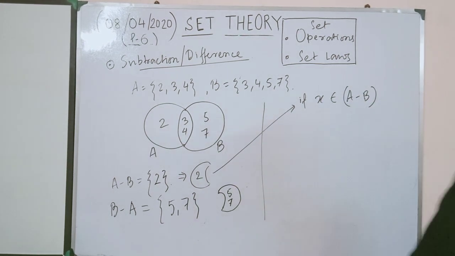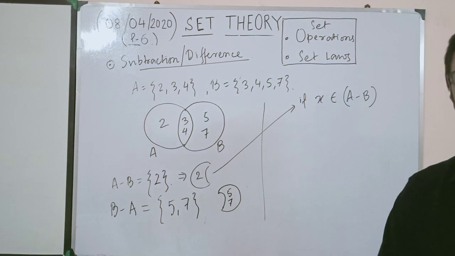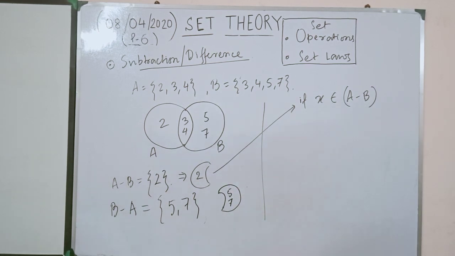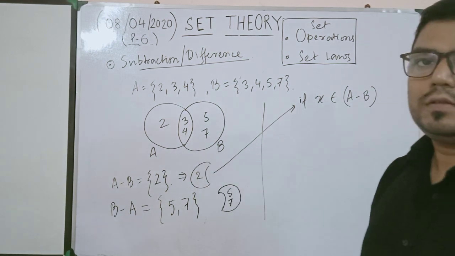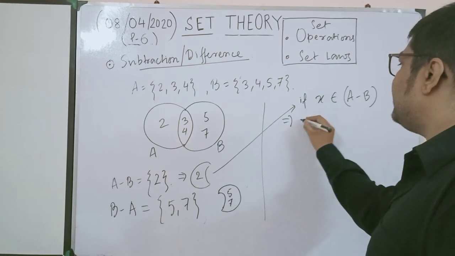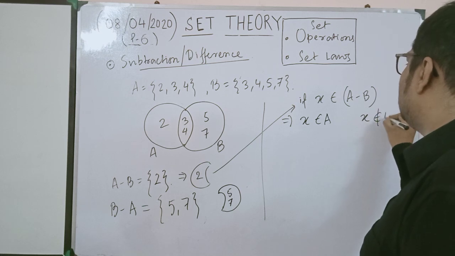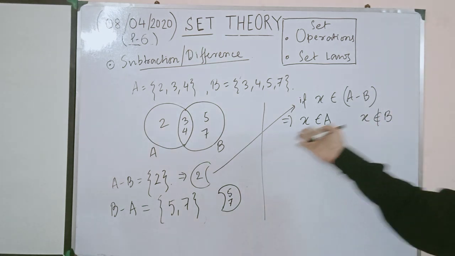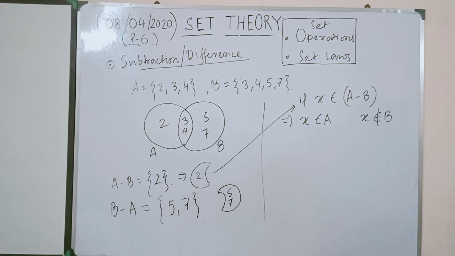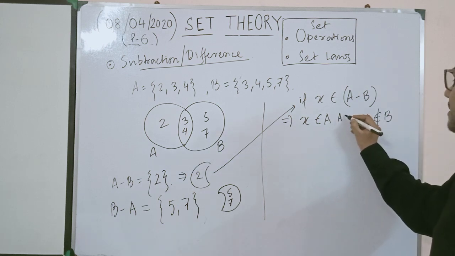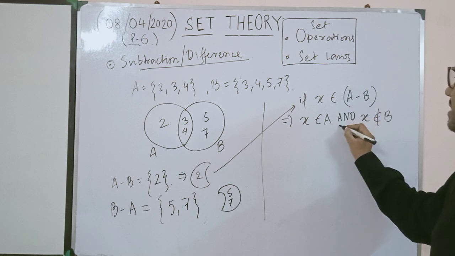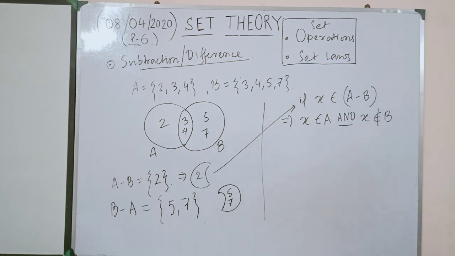It means that it is not in B but it is in A. It is only in A. So it implies that x belongs to A and x does not belong to B. Both of these statements are true, so you have to connect them by AND. That means x belongs to A, that is true, and x does not belong to B, that is also true.